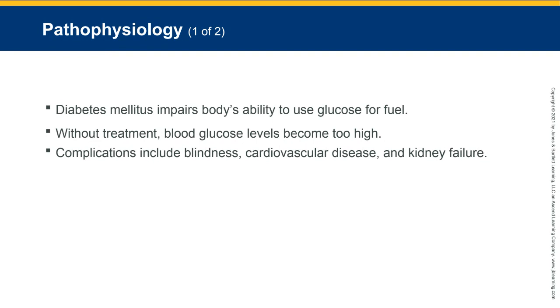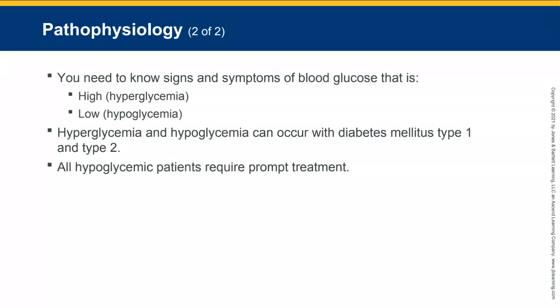Without treatment, blood glucose levels become too high. Complications include blindness, cardiovascular disease, and kidney failure. You need to know signs and symptoms of blood glucose abnormalities.